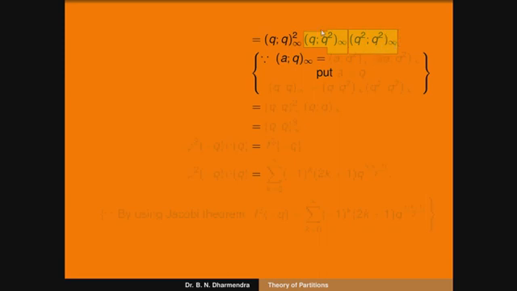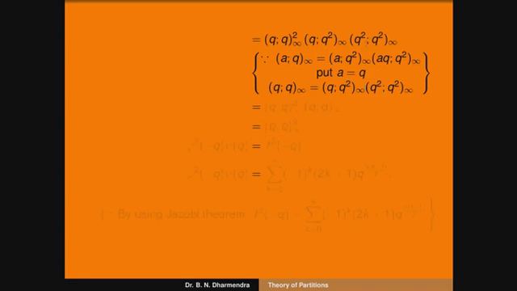The first term is the odd term and the second one is the even term. When I merge the terms, that becomes (q;q)∞. You know the q-shifted factorial, (a;q)∞ is equal to (a;q²)∞ (aq;q²)∞. When I put a equal to q, that becomes (q;q)∞ is equal to (q;q²)∞ into (q²;q²)∞.